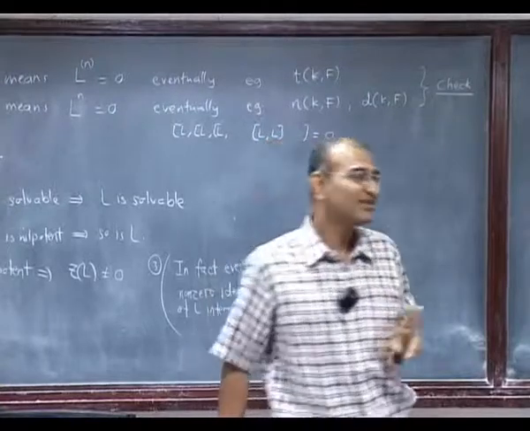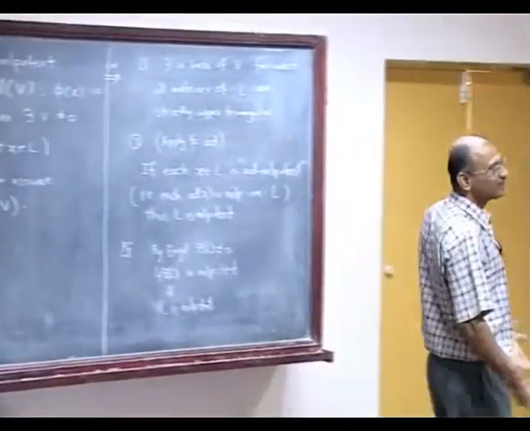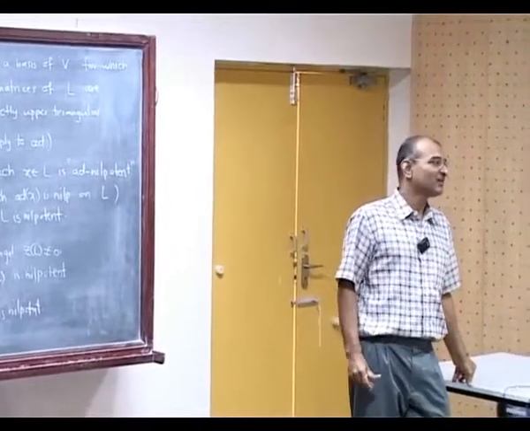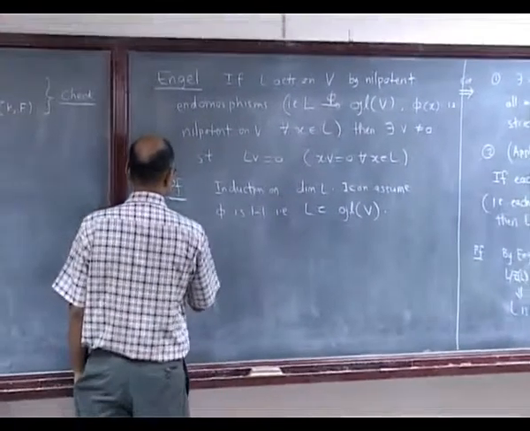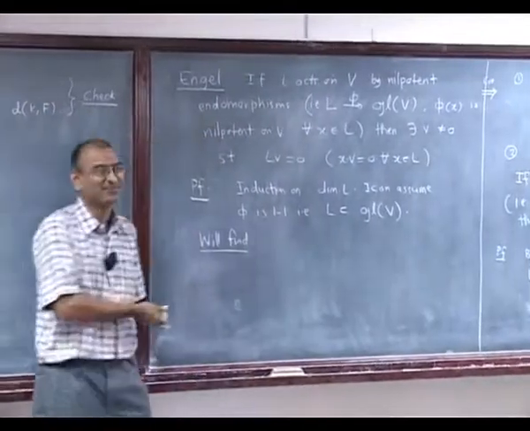In fact, I will find something which is as large as possible without being the whole thing. Now, I want to use induction. So the Lie algebra that I will find will be of codimension 1. How? That is the interesting part actually.